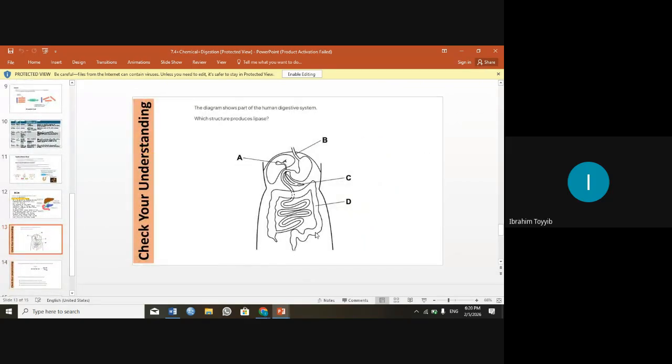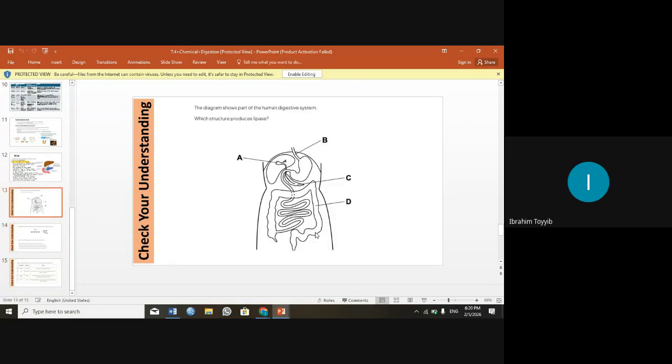So now, before we call it a day, look at this diagram. Which structure produces lipase? Option B is the esophagus, A is the gallbladder, C is the pancreas, D is the colon or the cecum of the large intestine.